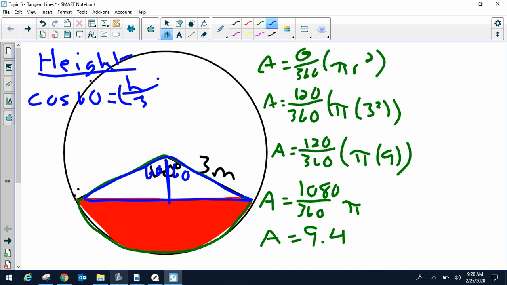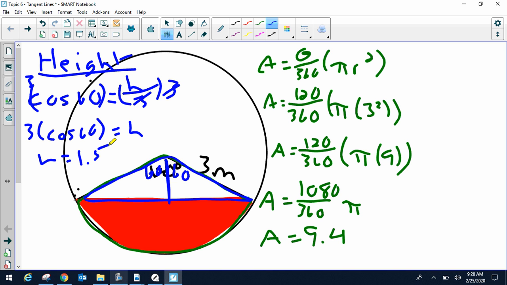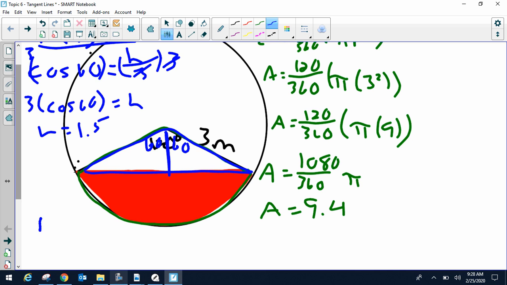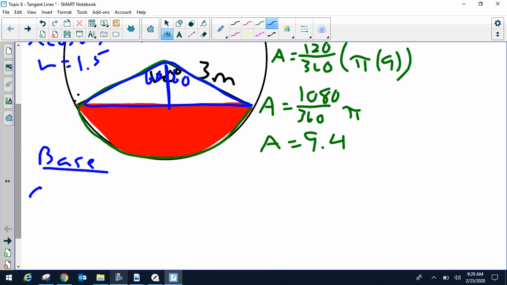So we're going to times it by 3. You get 3 times the cosine of 60 equals h. So cosine of 60 times 3 gives me an h of 1.5. So now we know our height. To find the base, it's the same thing, but this time instead of cosine, you can do the sine of that degree.